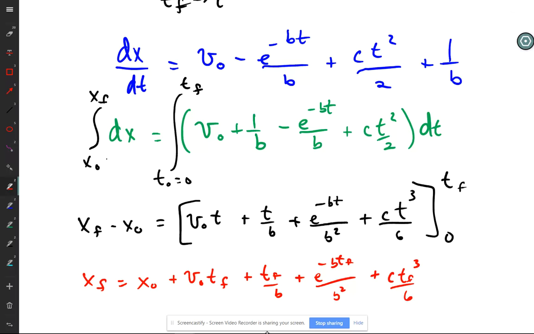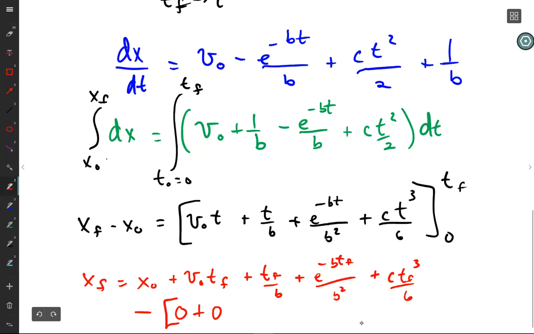Perfect. Okay, I'll hide that and continue writing. Minus, so I'm only going to have to put a minus 1 over b squared with it.